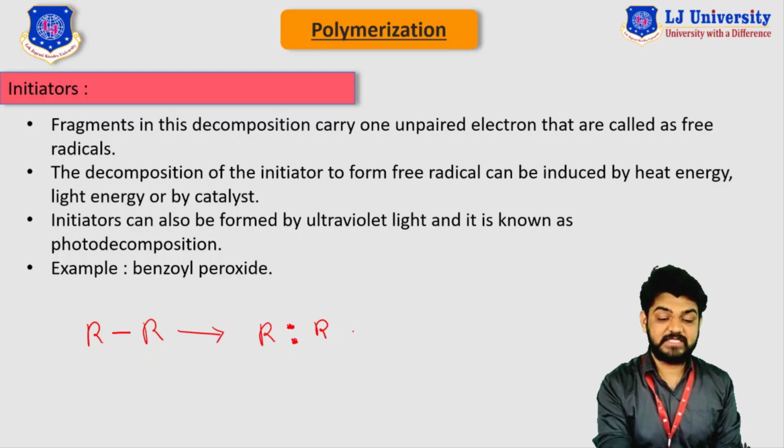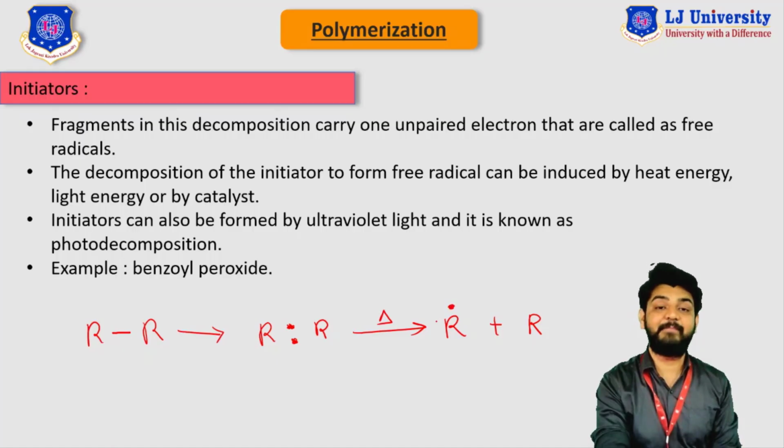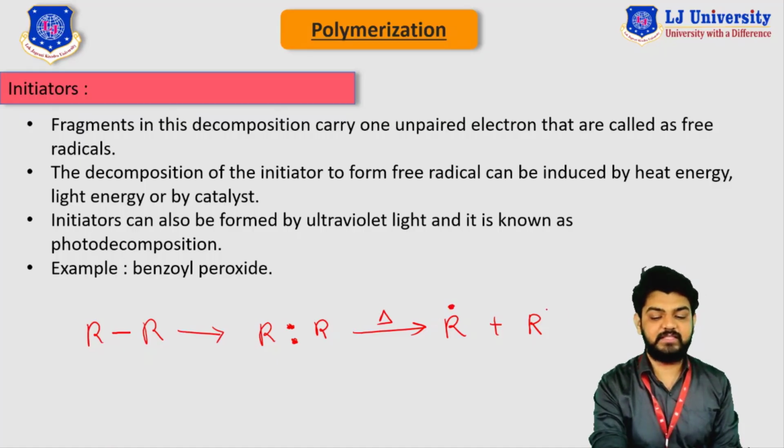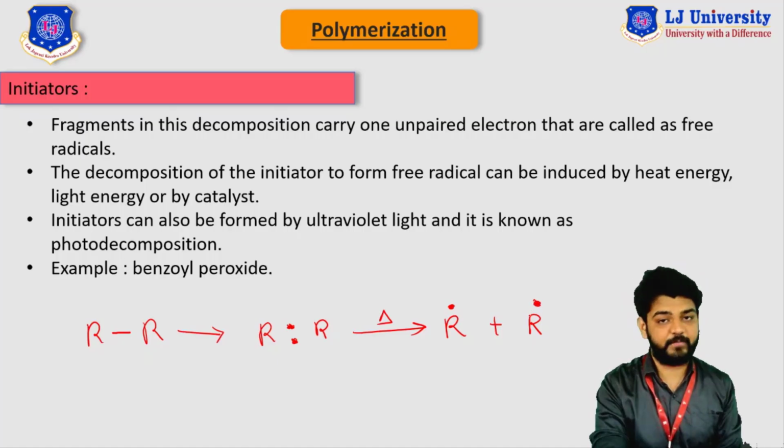Now if we supply some amount of heat or any form of energy, this initiator will decompose into free radicals like this. This particular free radical will have its own electron so that it can pair with another monomer. And this other fragment will also have its own free radical which can also be linked with another monomer.